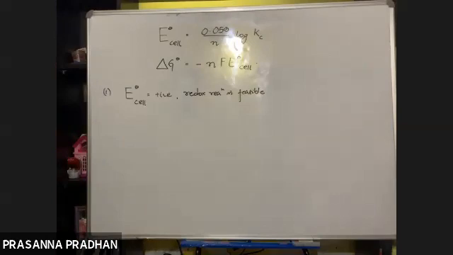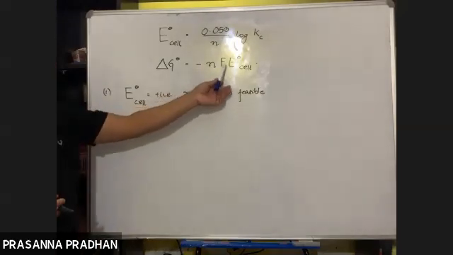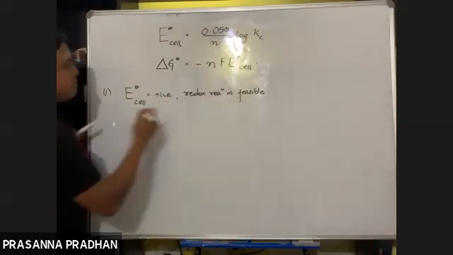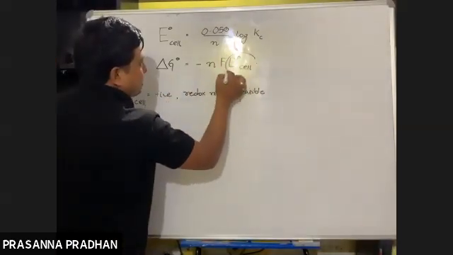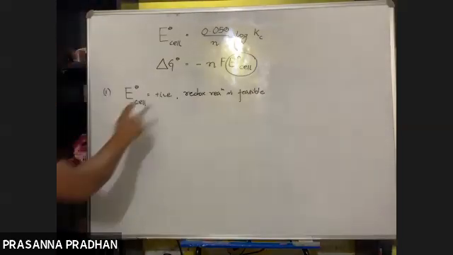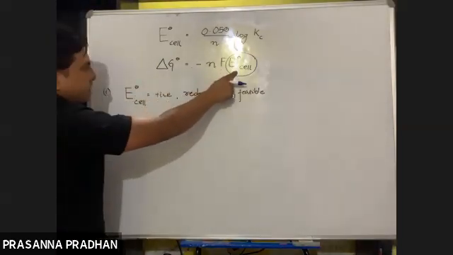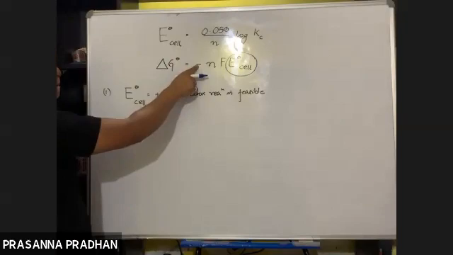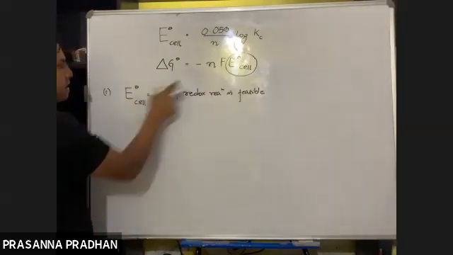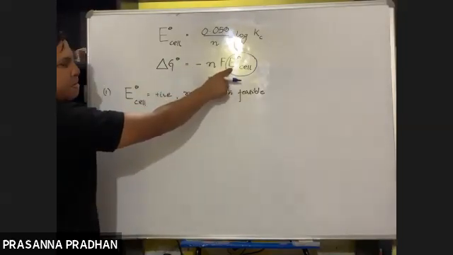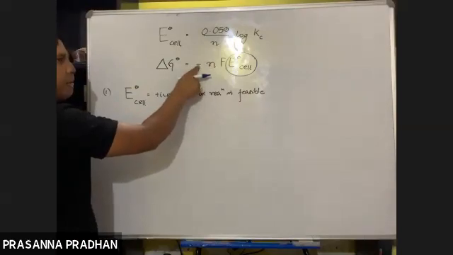Now, if E naught cell is positive, we have a minus sign here, and positive into negative will be negative.